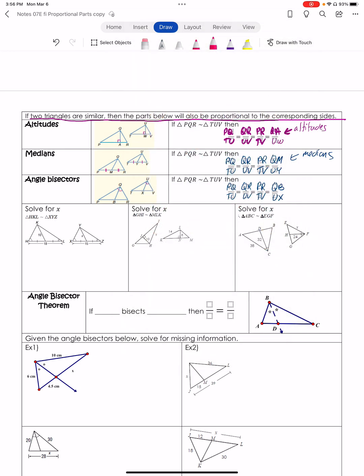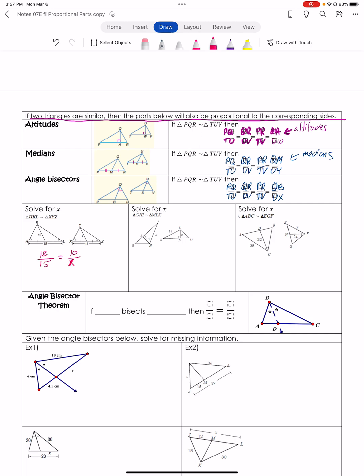So this is for the medians. HL over XZ is equal to the median over the median. I guess we didn't have any letters for the median, so we're just going to do it this way. So I know 18 over side is equal to median over median.